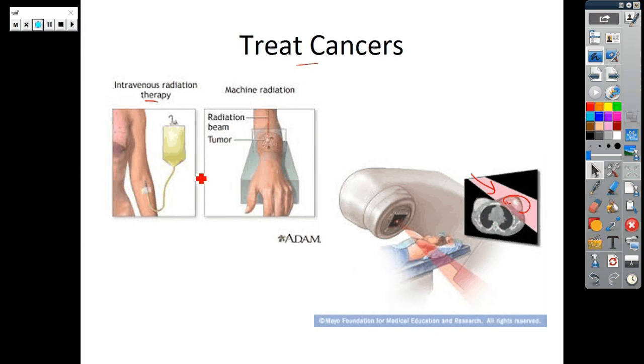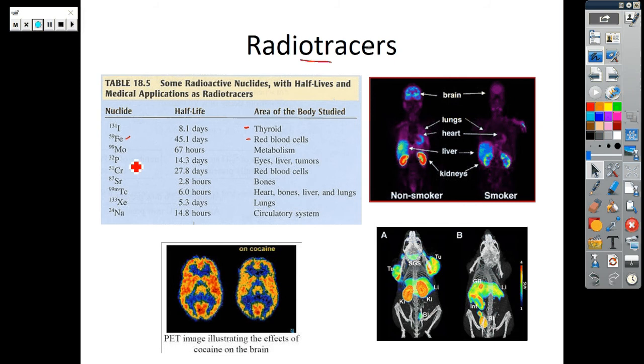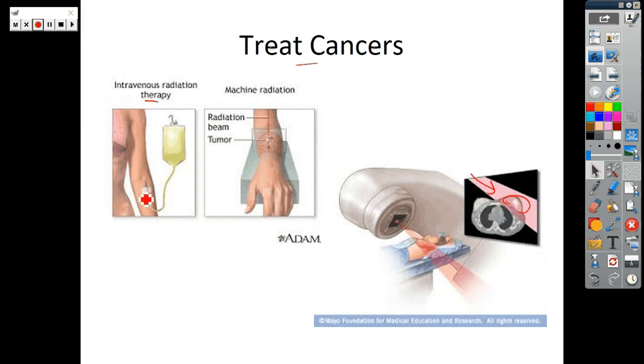And hopefully, depending on your kind of cancer, just like for radio tracers, certain elements tend to be focused in certain parts of the body. So if you've got, say, cancer in the liver, then they may use a radioactive isotope of phosphorus, and they may use a pretty high concentration of it to target that part of the body.